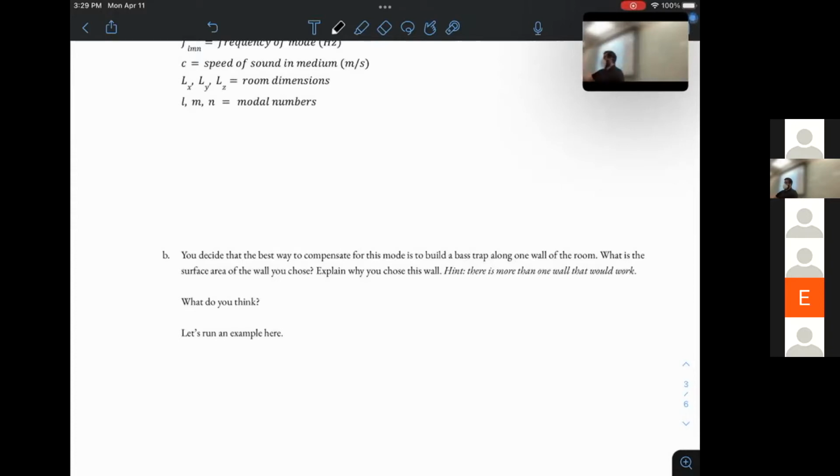Cool? Okay. So where do I want to place my bass trap? I've got 2 choices that make an equal amount of sense here. Where do you guys think? Again, my half cosine is in this direction, which we're calling the X direction. So where are we going to put our bass trap?